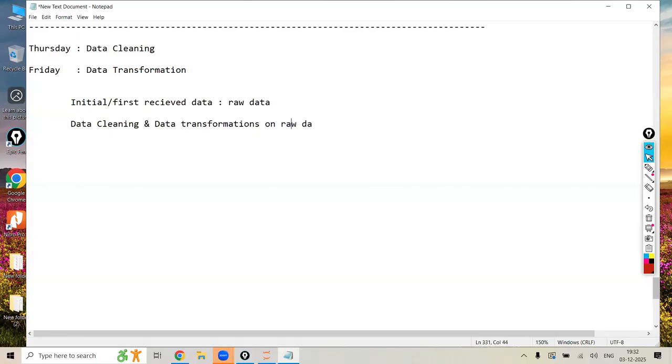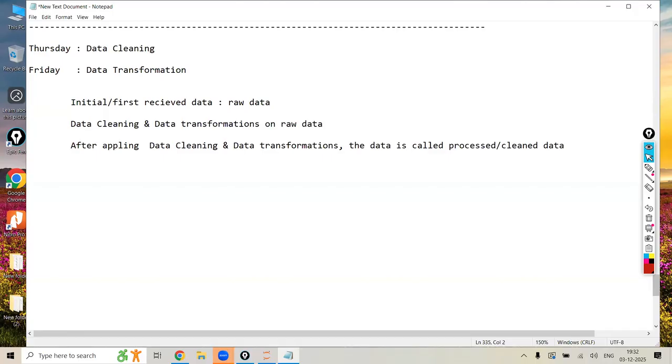After applying data cleaning and data transformations, the data is called processed or cleaned data.